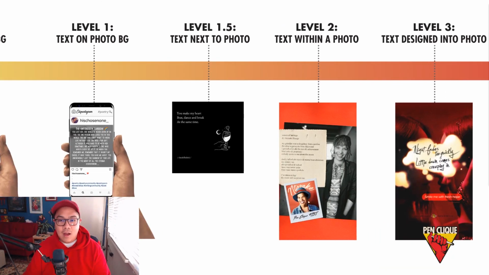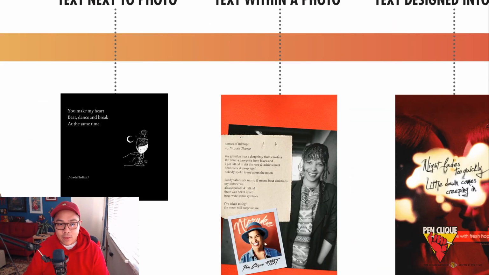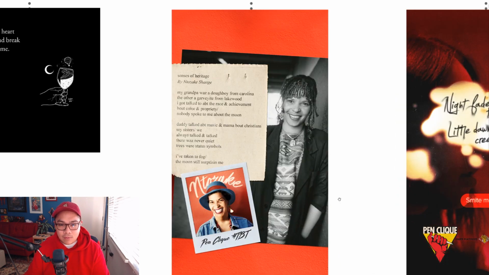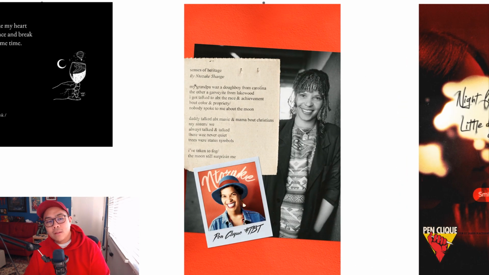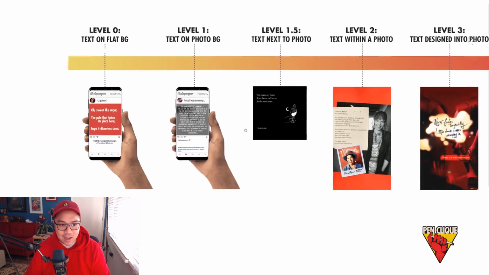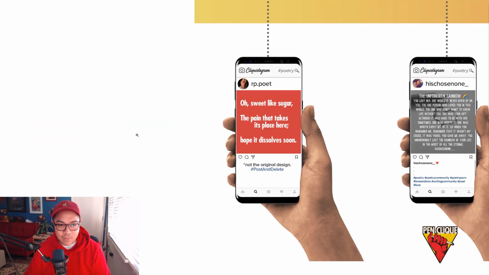All right, level 2, text within a photo. So here, when you look at the actual text, it's pretty much in a frame. This is actually a lot like the last one, right?